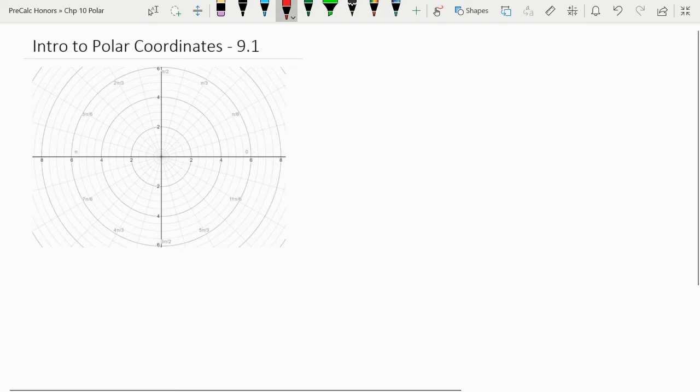So a couple things you need to know about the polar coordinate system. The origin, we don't really call it origin anymore. It still is (0, 0), and we'll talk about coordinates, but now it is called the pole. I'll write some notes here, and you can choose to either write it or just know. So the origin is a fixed point, now called the pole.